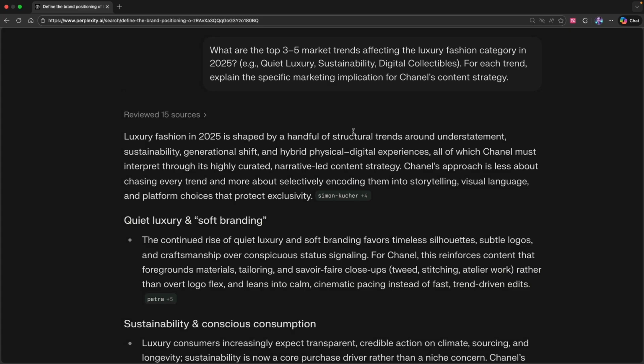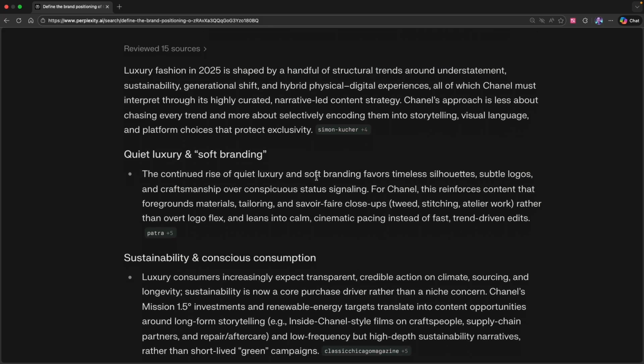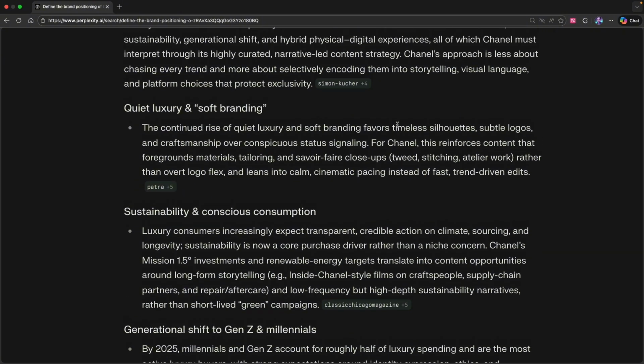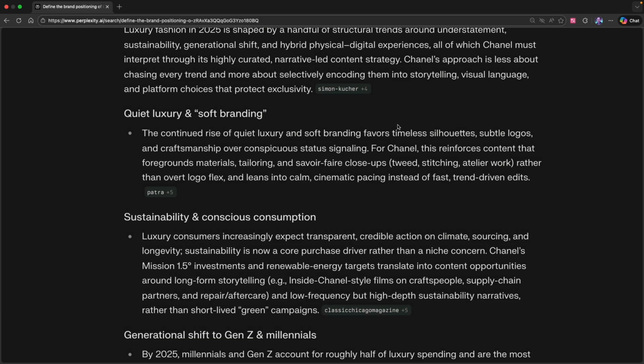Let's look at the top 3 trends. The first one is quiet luxury. The market is moving away from giant logos and phrasing. What does this mean for your content plan? It means we need cinematic pacing and a savoir-faire close-up.